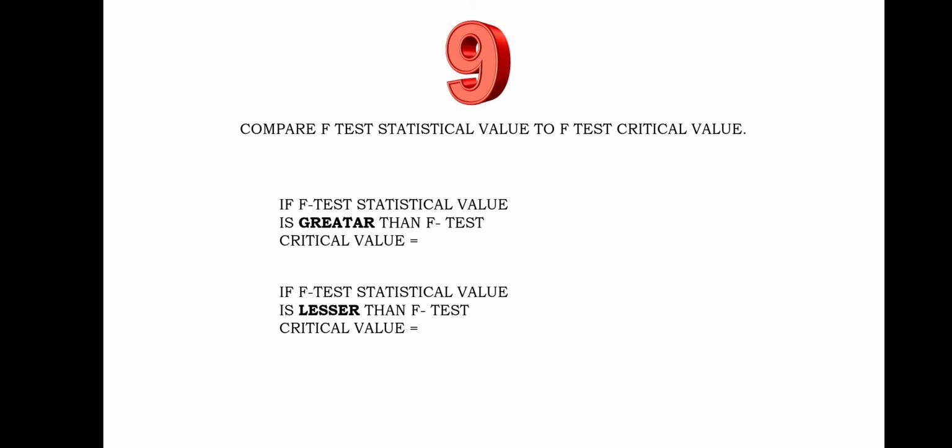What kind of decision will we take? If the F-test statistical value is greater than the F-test critical value, you can say you are right and you can reject the null hypothesis. It means you can finally say that the population means of all the three groups are different.